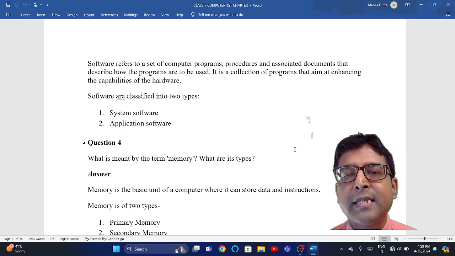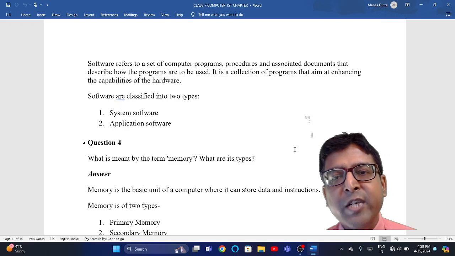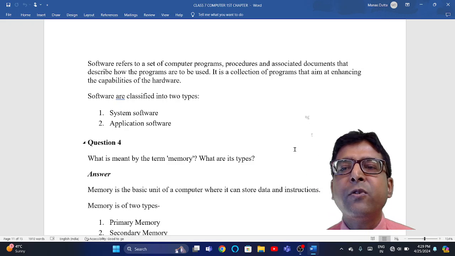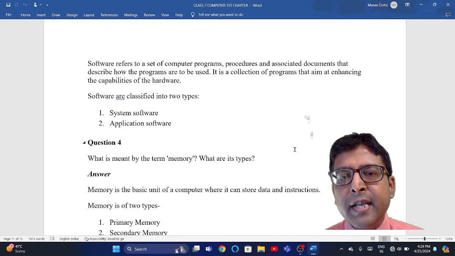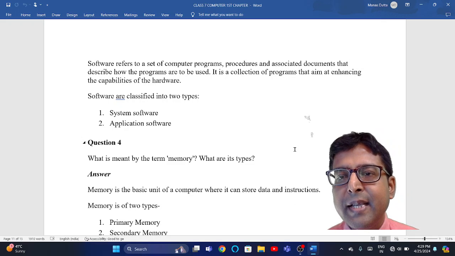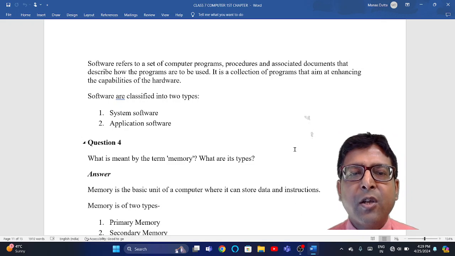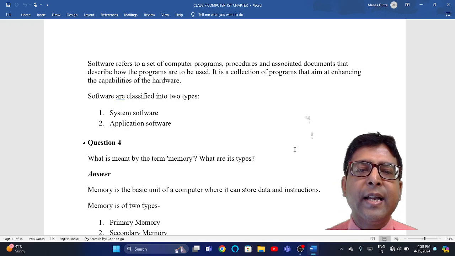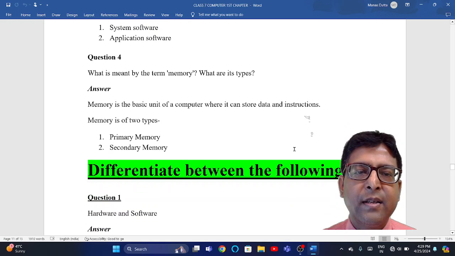Actually, software means programs, procedures, and associated documents. It is a collection of programs that aim at enhancing the capabilities of the hardware. Software is classified into two types: system software and application software.